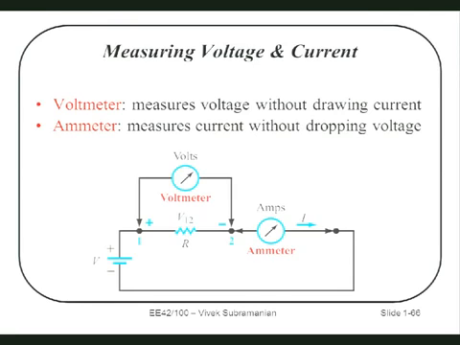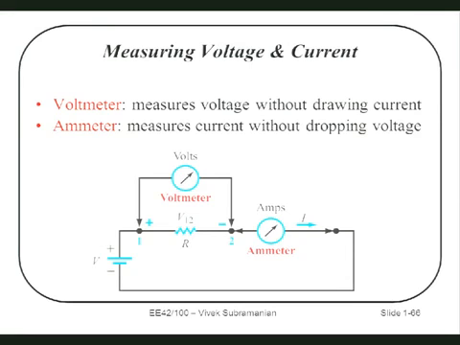Okay, so we measure voltage by putting a high resistance across what we are measuring. We measure current by putting a low resistance in series with what we're measuring. So I'm going to rephrase that again in electrical engineering terms.